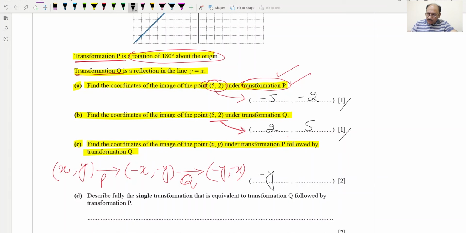Hopefully you understood this concept. Basically we apply first P and then Q. By P, as we saw in part A, only signs are changed, whereas when we apply Q, location is changed. The y coordinate is swapping with the x coordinate. So this will be our final answer for 2 marks.